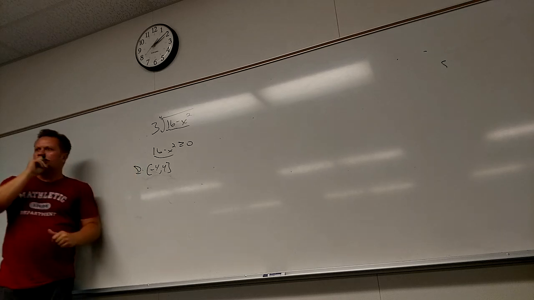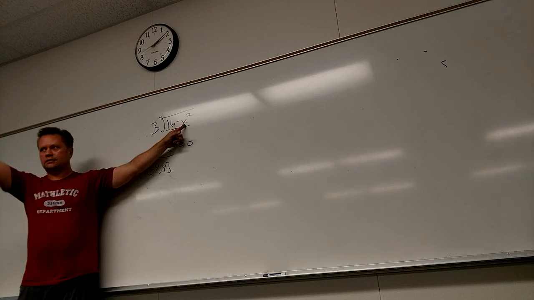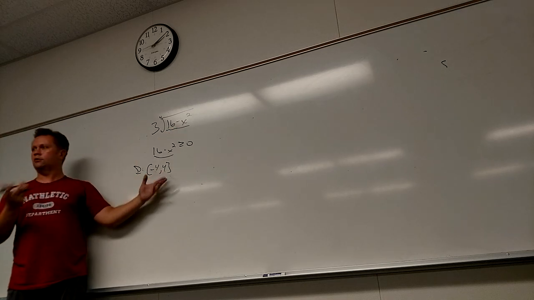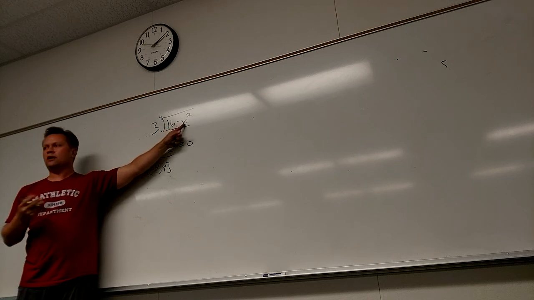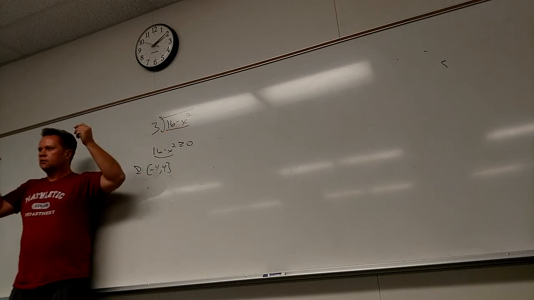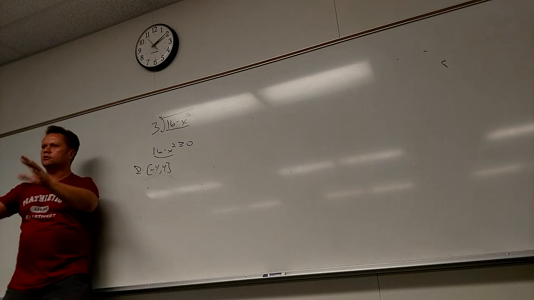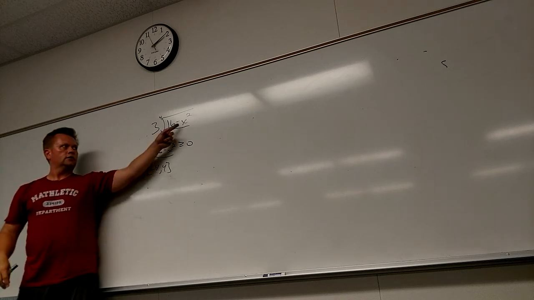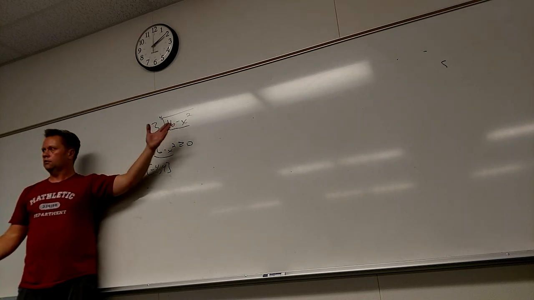Now think about it. Where would this thing be the biggest? It's going to be the smallest at those. Where would it be the biggest? When I'm subtracting the least away from it. See, so you don't have to graph this. You don't have to do anything weird to it. You just got to think about it for a second. So the minimum of the range is going to be 0, right?